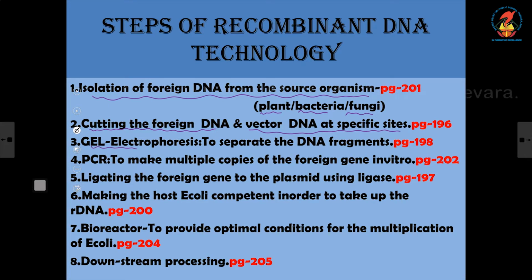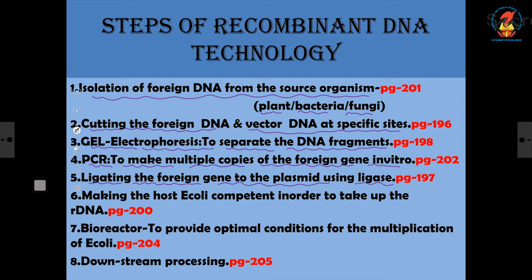Then the third step is gel electrophoresis. The purpose of gel electrophoresis is to separate the DNA fragments because they will be of different sizes. Fourth step is PCR, to make multiple copies of the foreign gene or the gene of interest in vitro. Fifth, ligation, ligating the foreign gene to the plasmid using ligase.